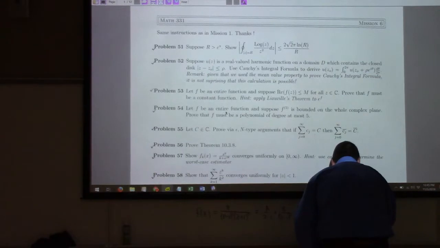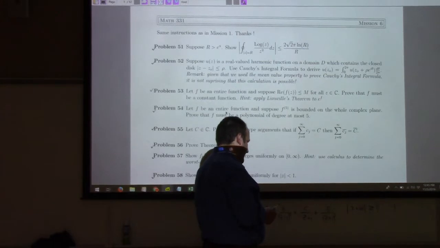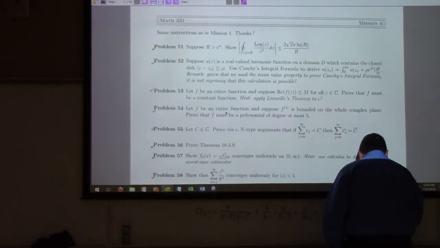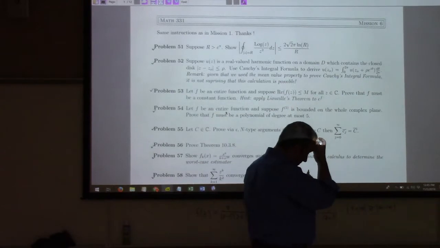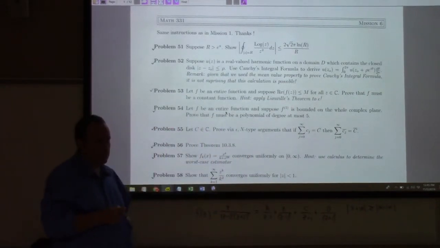Z, I can't even remember. I want this to be greater than or equal to something. What do I put there? Absolute value of z, I think, minus absolute value of w, isn't it? Is this correct?